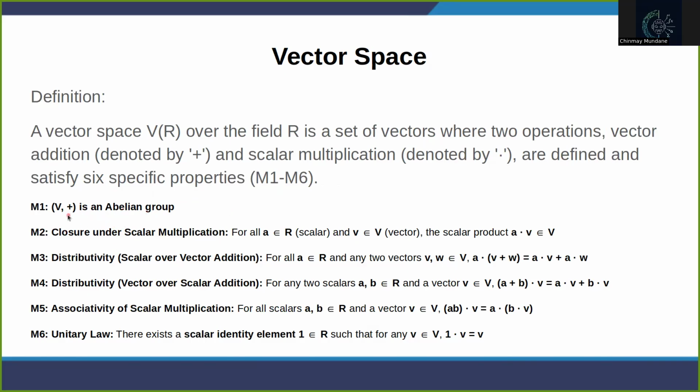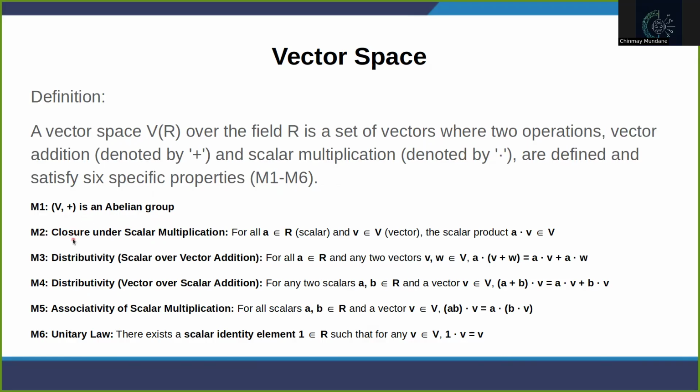When you perform the vector addition in the same space, they belong to the abelian group by virtue of satisfying some properties, like the commutative property, the closure property, and the associative property. So there are some properties which it must satisfy to be called an abelian group. I'll give you a brief example later also of what it means to be an abelian group, and what kind of properties it must satisfy.